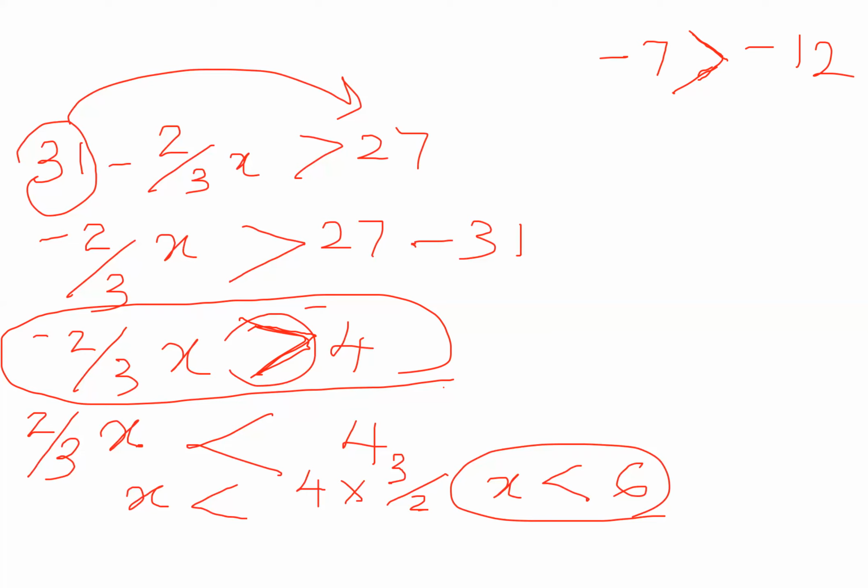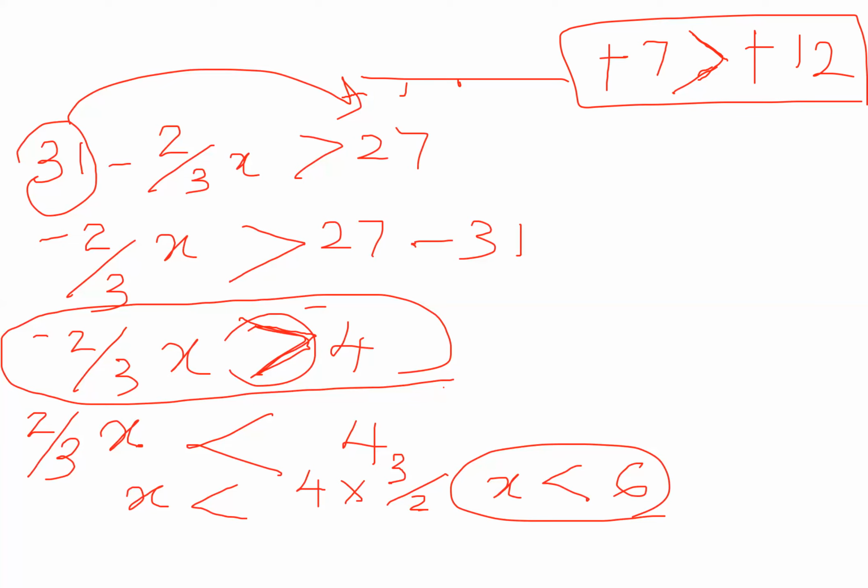Minus 7, according to the number line, minus 7 is greater than minus 12, right? But the positive ones are on the other side. So think about when we multiply these two numbers by the minus sign, this becomes plus, this also becomes plus, right?